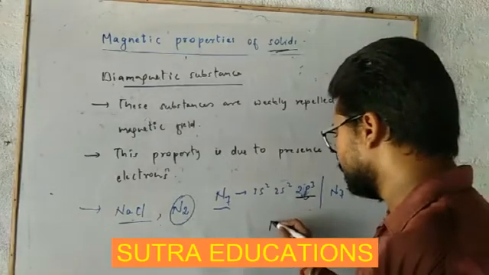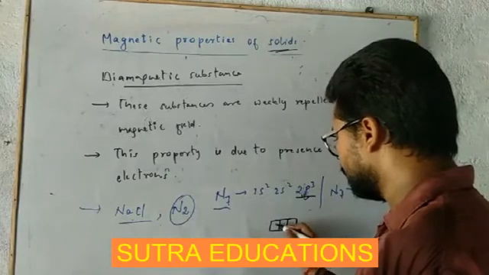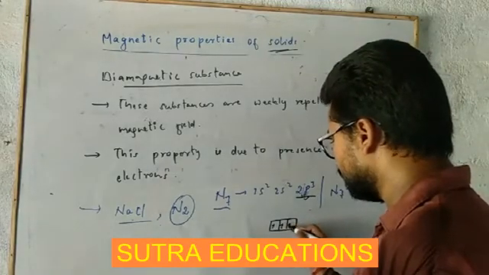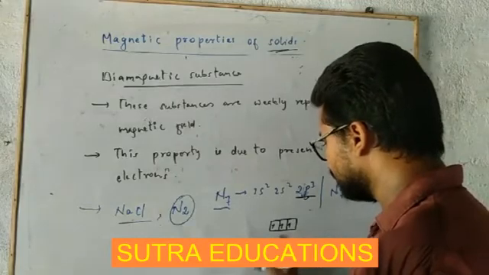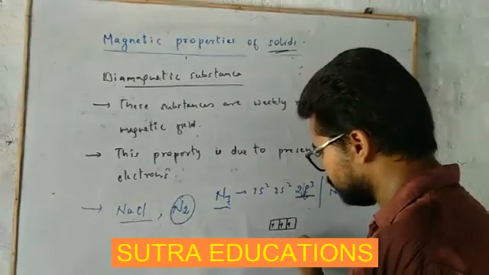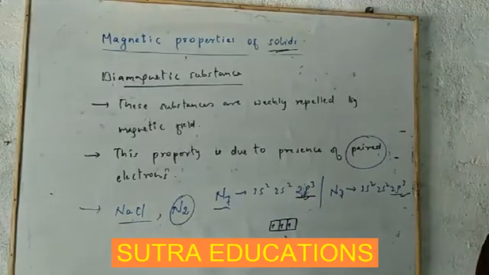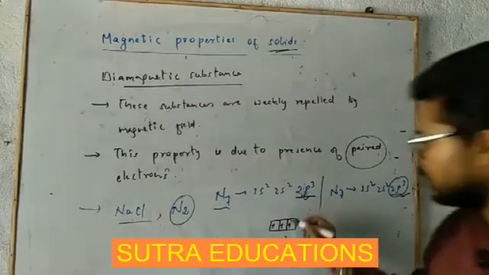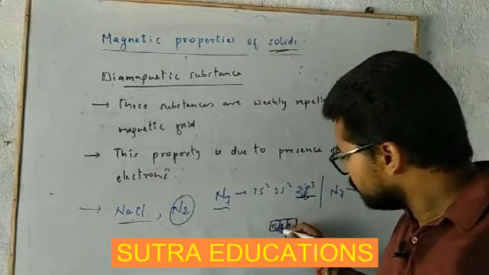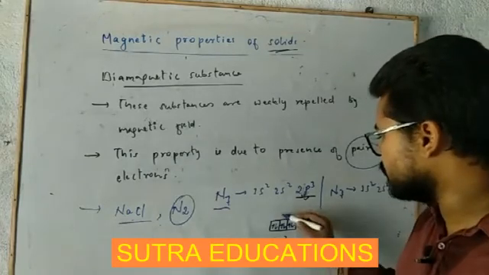This is 2p3, means 1 electron, 2 electron and 3 electrons. So this is 2p3 of first nitrogen. We have N2, means 2 nitrogen, so this 2p3 will form bond by pairing up electrons here like this.